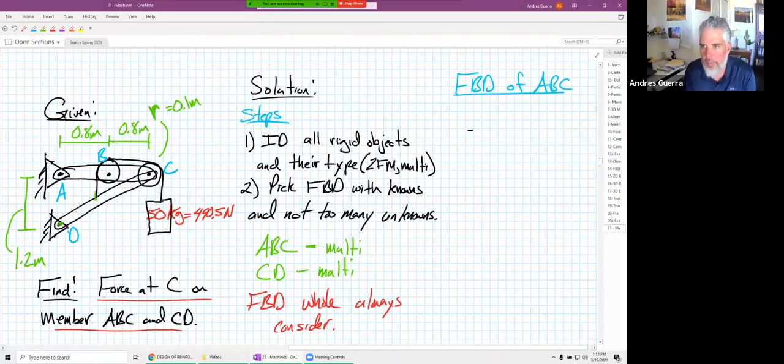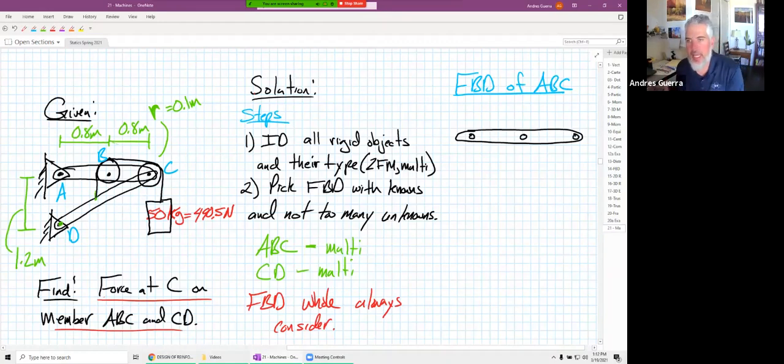So I have this FBD of ABC right there. And I'm going to show it kind of big like that with some dimension in the y direction. I've got a hole right there for the pin back there at A. I've got a hole right here where that pulley was located. And then I've got a hole over here where we have the pulley and the connection with our other rigid object. Well, let's take care of the pulleys first.